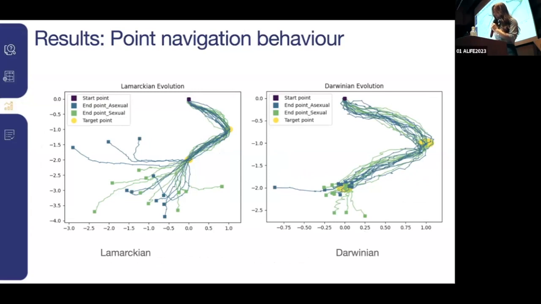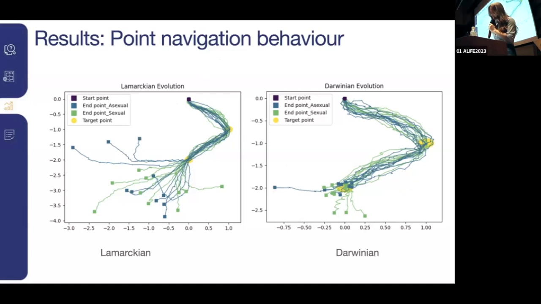So these are the trajectories of the 10 best robots performing the point navigation task from both reproduction methods. The left is within the Lamarckian framework, and the right is within the Darwinian framework. The purple squares are the starting point. The blue lines are the trajectory paths of robots produced by the asexual reproduction, ending at the blue squares.